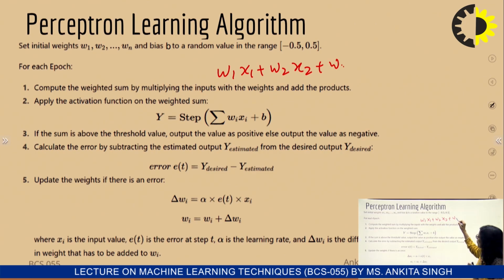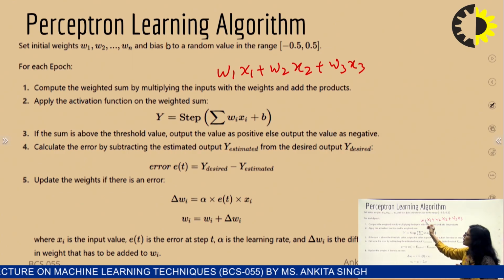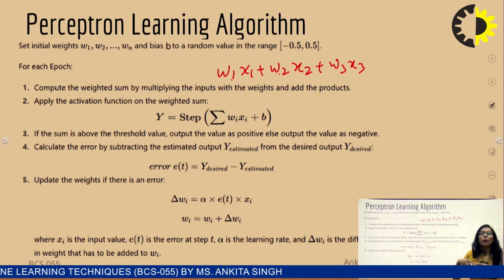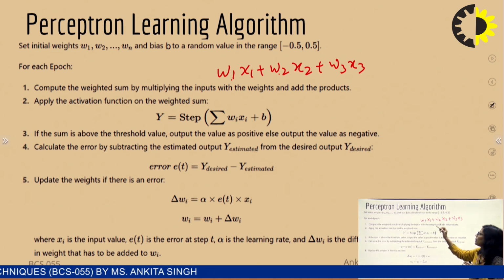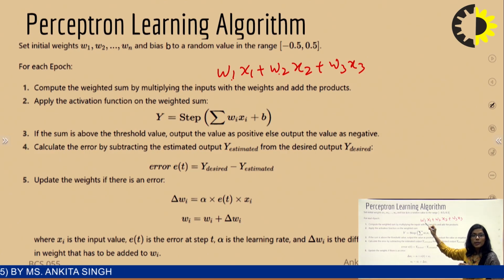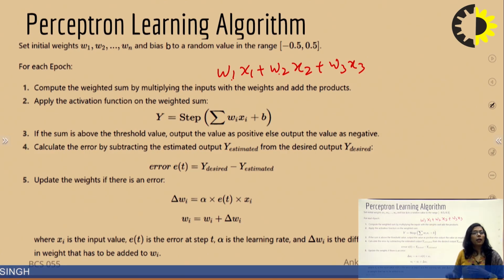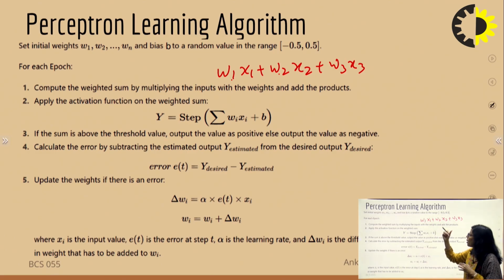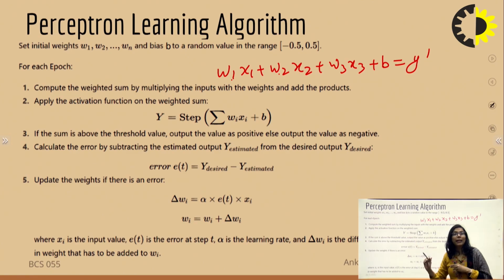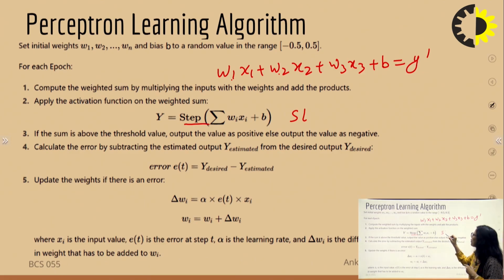I have just set the initial values of W1, W2, W3 to random values, and now I will multiply these weights with the inputs X1 and so on. When I multiply them, I will get some weighted sum plus bias also, suppose Y dash. Now I have to apply a step function on this Y dash. So I will apply the step function on Y dash, and now I will receive an output like Y.